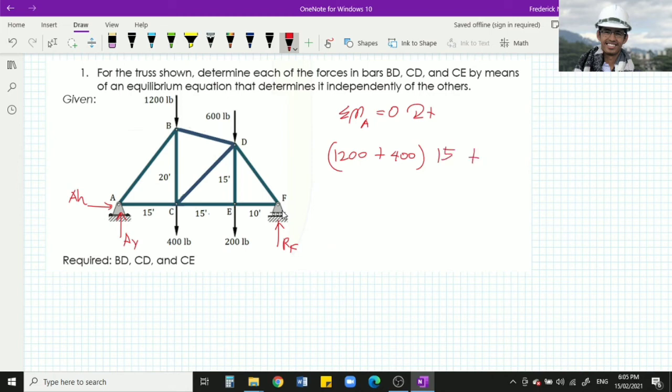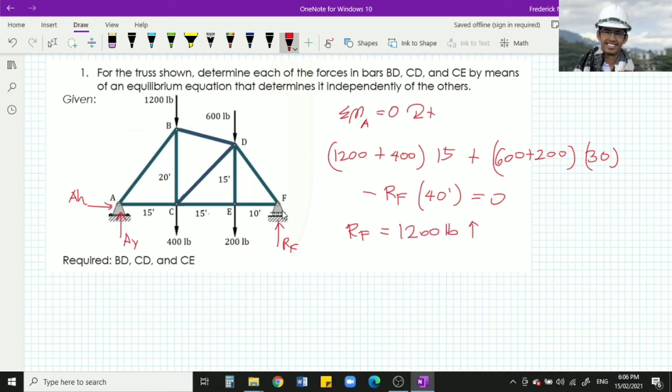Plus 600 plus 200 times 15 feet plus 15 feet, that will be 30. Okay? And minus yung RF natin, so that will be RF times 15 plus 15 plus 10, so that will be 30, that will be 40 feet. Is equal to 0, so solving for RF will be now equal to 1,200 pounds. So that will be upward. Okay?